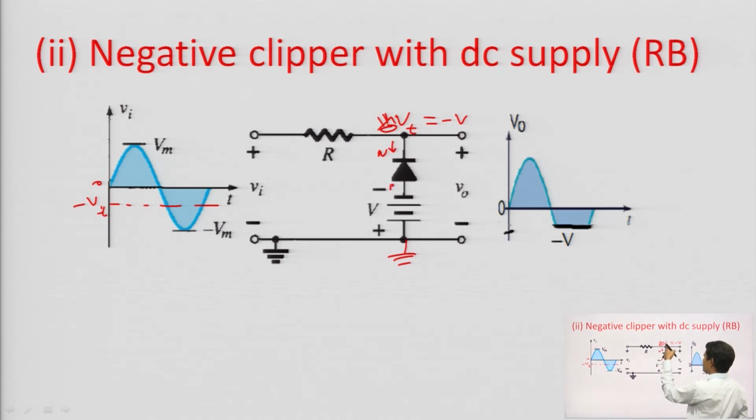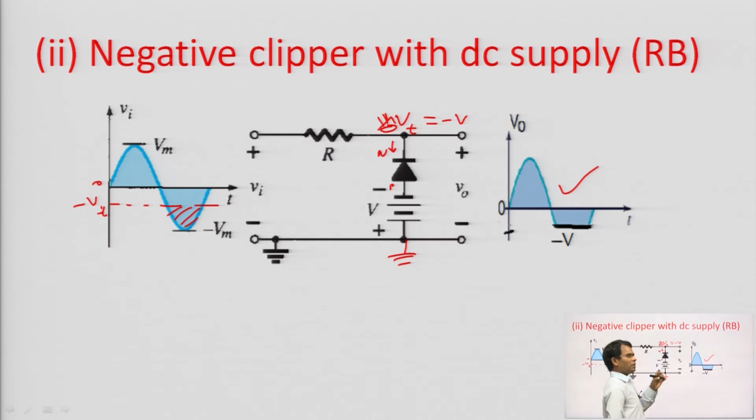If N type is visible here, you have to remove the negative portion, and your output voltage will be this. If P type is viewing, then you have to remove just the portion above the Vt. Any parallel circuit, you can easily draw.